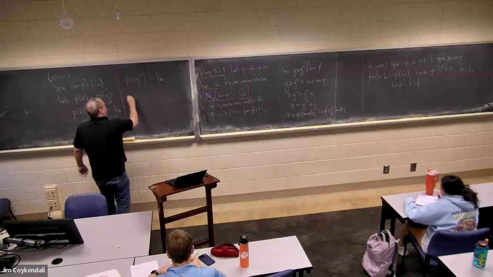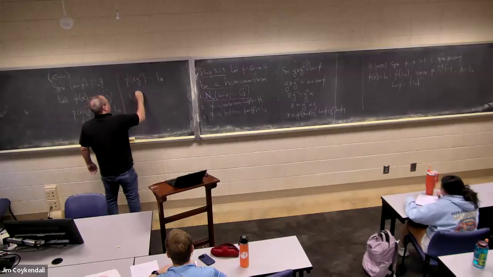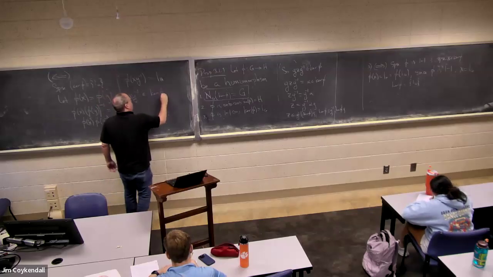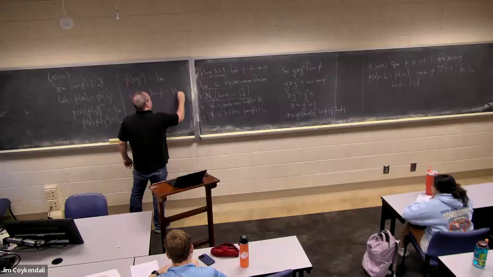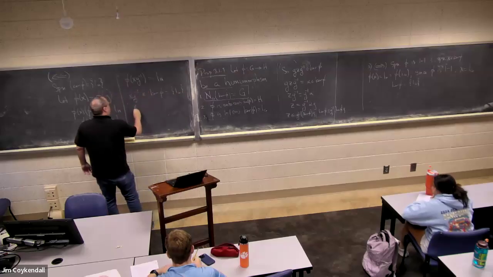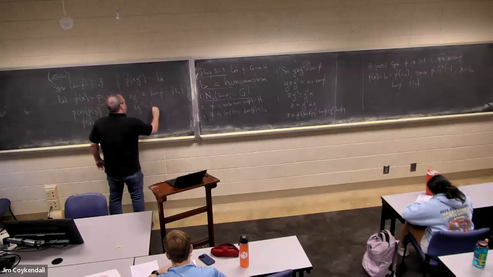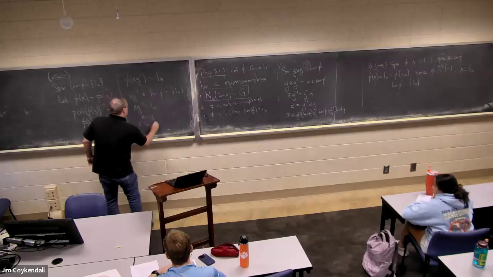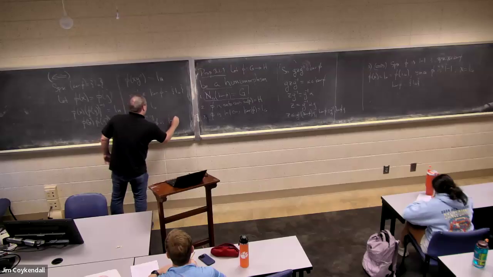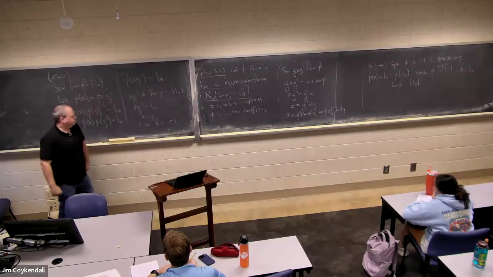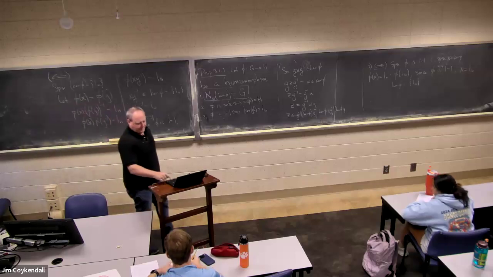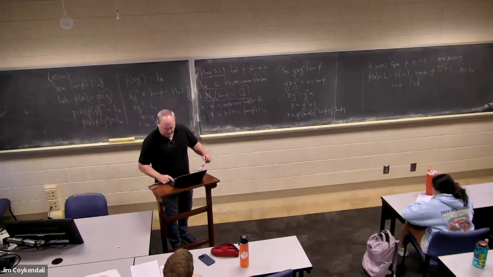So this means that x y inverse is in the kernel of phi, which is equal to the identity of G. x y inverse is the identity of G, so x equals y. And so phi is 1 to 1. Okay, any questions?